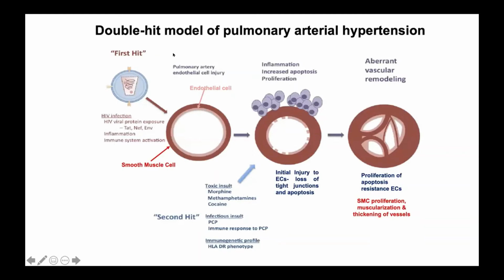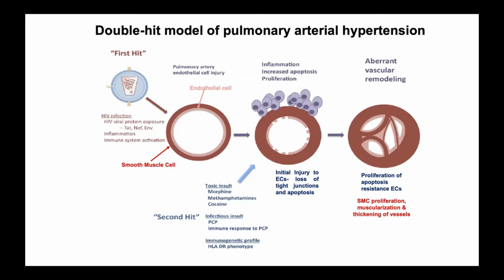Now, as Dr. Zamanian has already mentioned, we are looking at a double hit hypothesis for the development of pulmonary arterial hypertension, where either we are talking about genetic predisposition, for example BMPR2 mutations, along with a second hit of a drug of abuse like methamphetamine, morphine or cocaine.